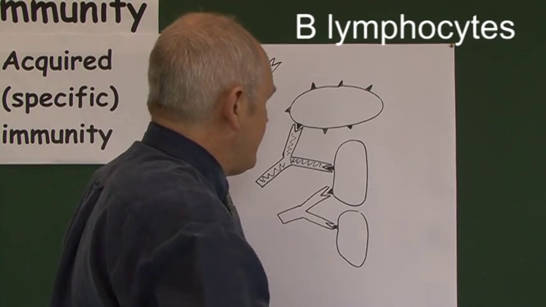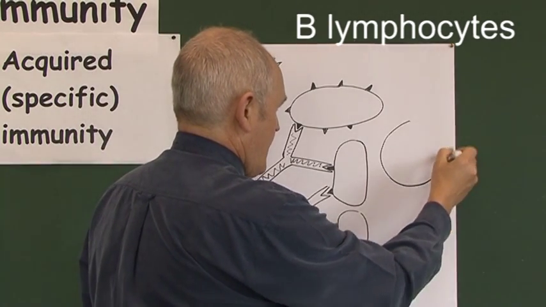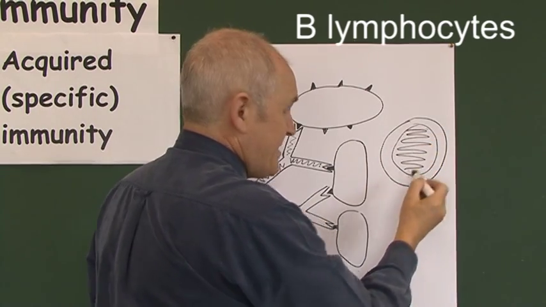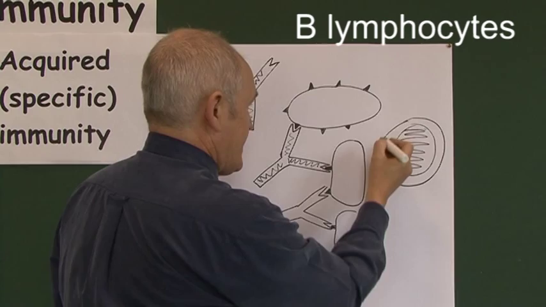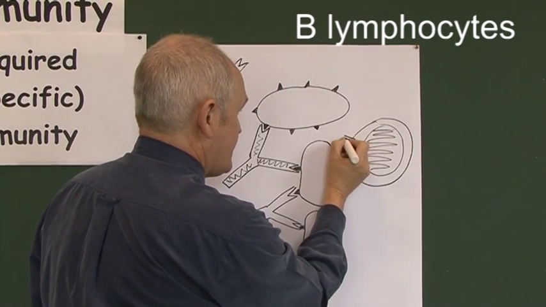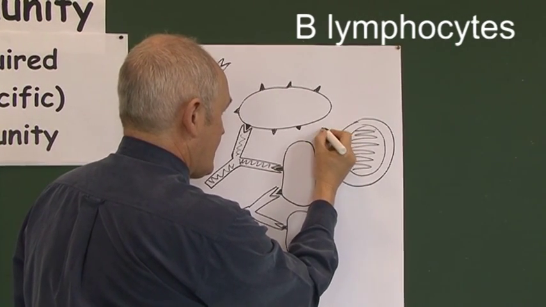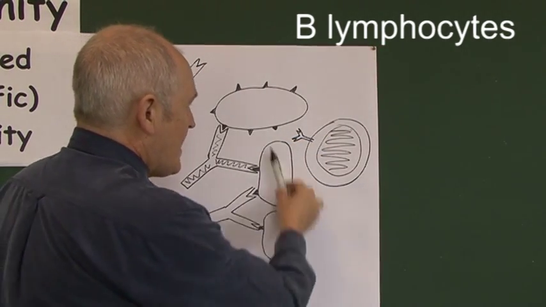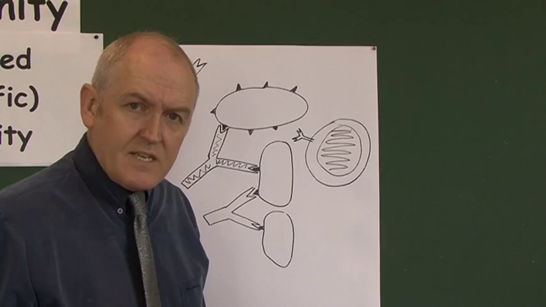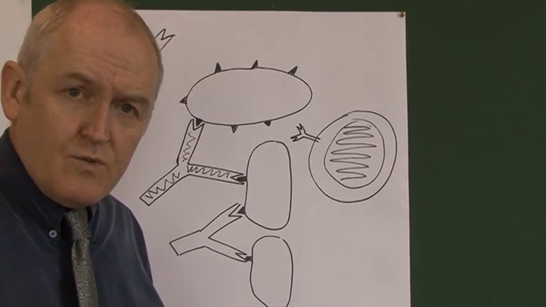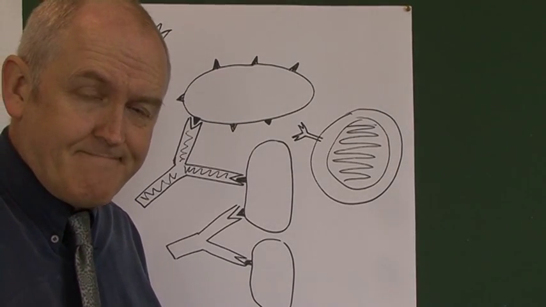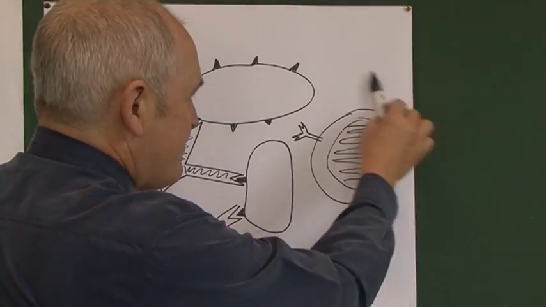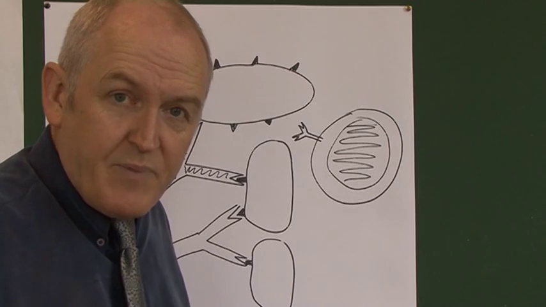Now, what you have on a B lymphocyte, here's a B lymphocyte, and the actual antibodies to begin with are on the surface of the B cell, so they're kind of sticking out from the surface of the B cell like this. There's the antibodies. Now, we've said that there are millions of different types of possible molecules on the surface of antigens. Well, in the same way, there are actually millions of different types of B cells.